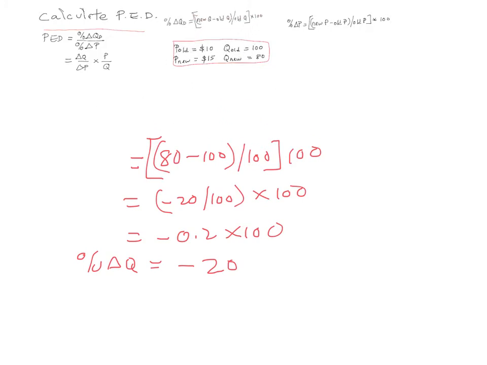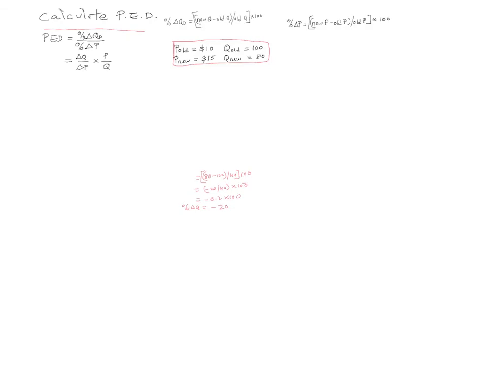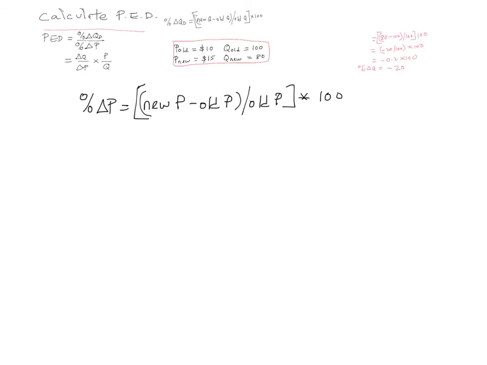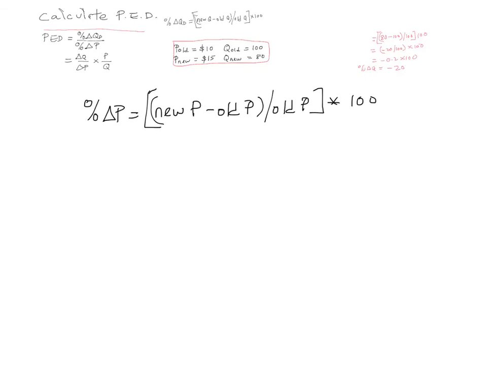We put this back there. And now we're simply going to bring this one over here, percentage change in price, and we're going to use the information on price. What do we know?